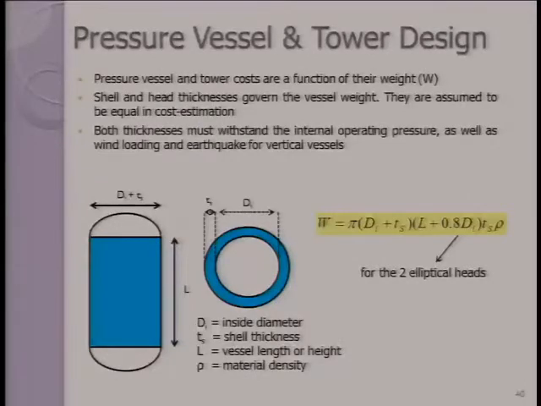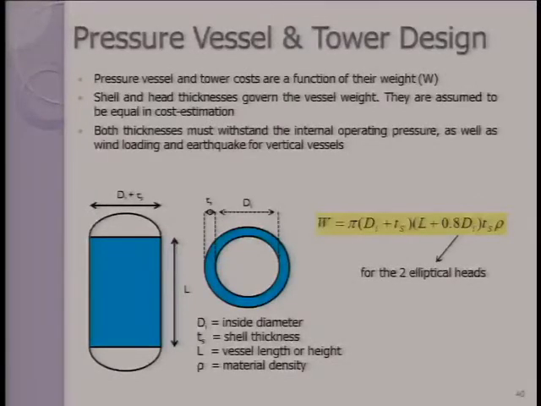But since this is a hollow cylinder with a certain thickness, you have to subtract the one inside, times L as well. So this will be the volume. To get the weight, you have to multiply by the density of your materials.